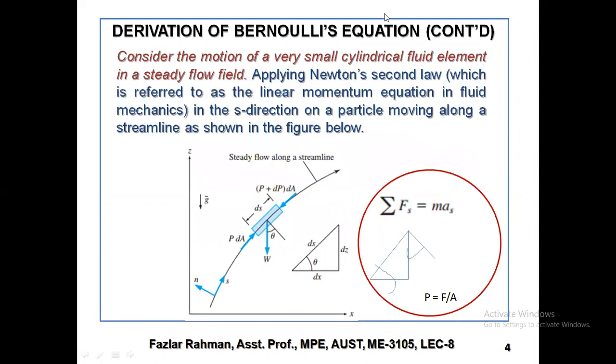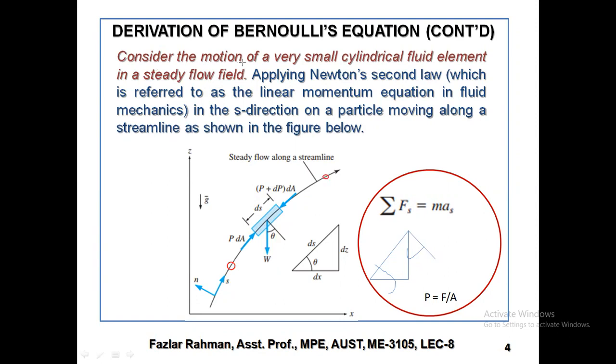Now, how can we derive? We are considering motion of a small cylindrical fluid element. That means kind of a small cylinder. You look right over here. So obviously it has a radius and it has an area. We are thinking this one is flowing along a streamline. That means it is traveling from here along this direction.